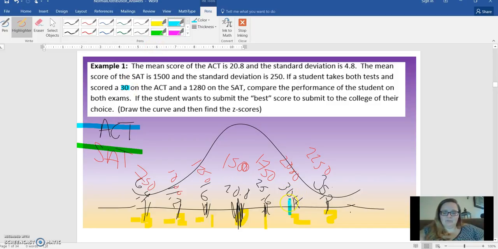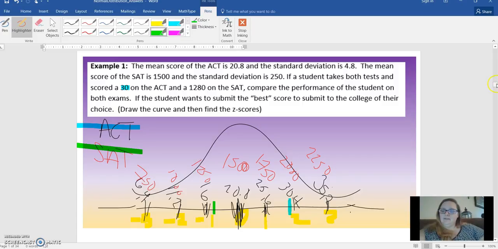This is 30.4, and so 30 would be right there. Then SAT 1280, so I'm looking here at these guys. It's right here. It just must have been a bad test day where they took the SAT before they had taken a certain math class or something, and so that's why their scores were different.